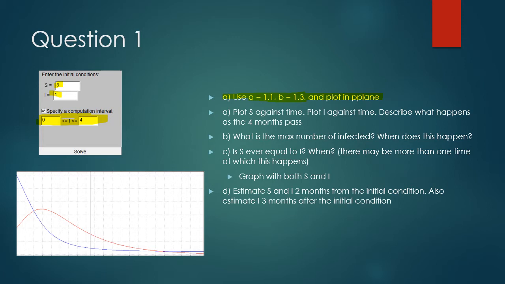Part B asks what's the max number of infected and when does it happen? Again, you can just look at the graph. The graph I have on the left is an example of the graphs given by p-plane when you plot against time. Here I have two graphs, but on yours you'll have one, and you see this black line. If you go to your p-plane, you'll see a black line like this.